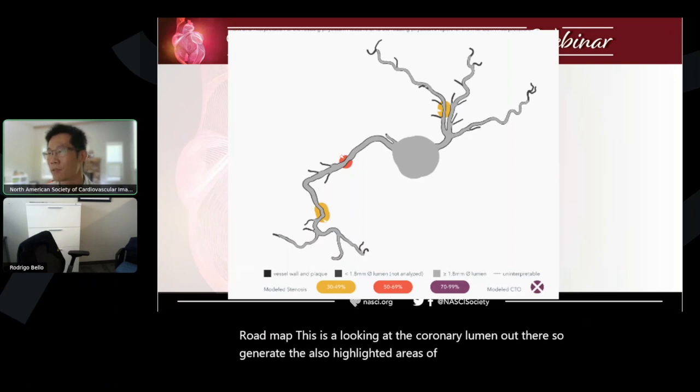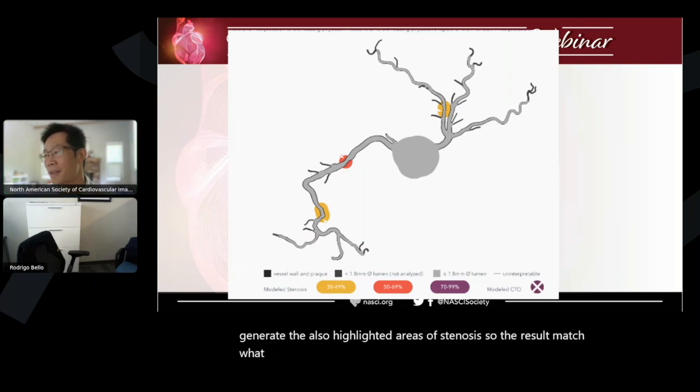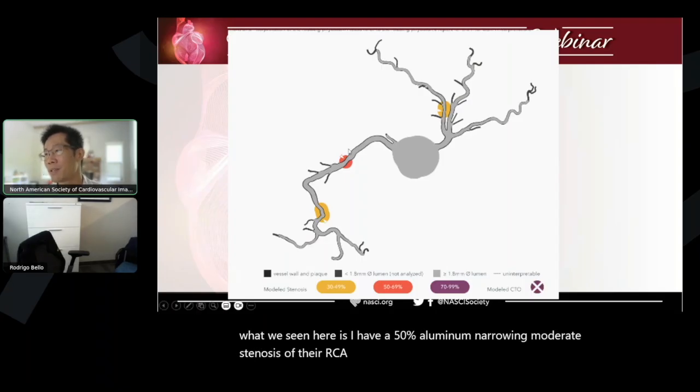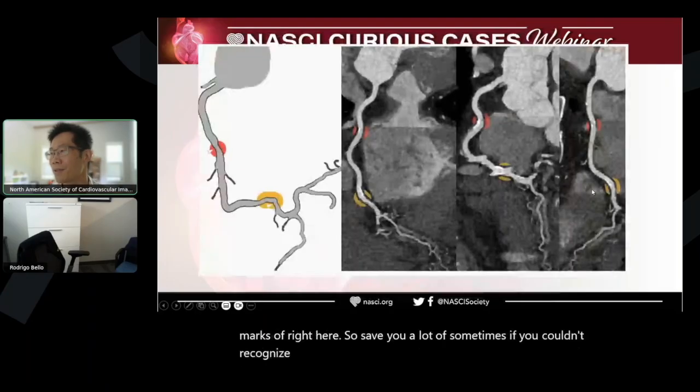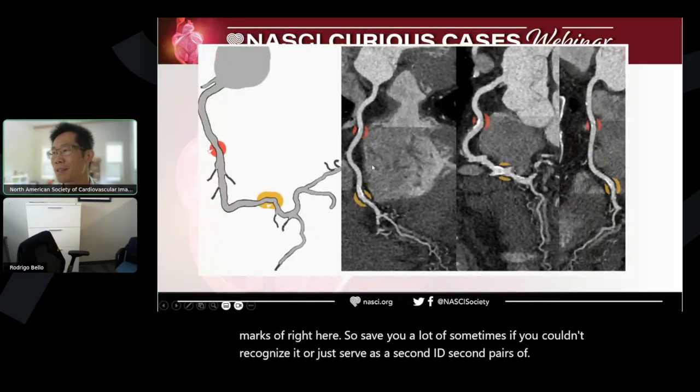The result matches what we see here: a 50% luminal narrowing, moderate stenosis of the RCA we talked about right there. So you can see the marks right here. It saves you a lot of time if you couldn't recognize it, or just serves as a second pair of eyes to help you recognize the lesion.